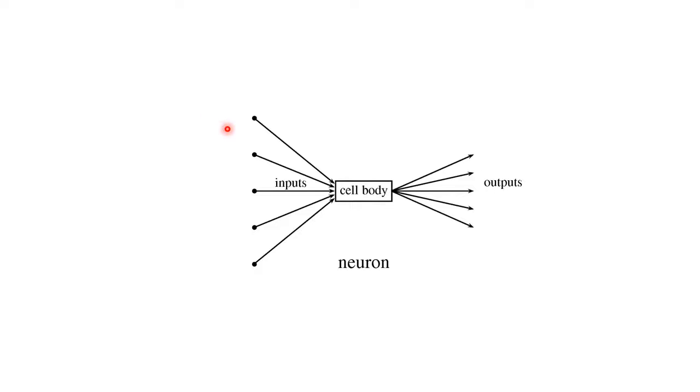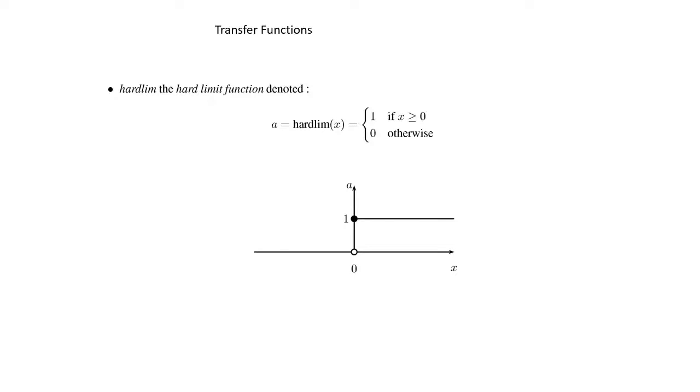Here is a schematic diagram of such a neuron. It's going to receive inputs into a cell body and then produce outputs. We are going to replace neurons by mathematical functions, which we're going to call transfer functions. And I'll show you some examples of such functions.